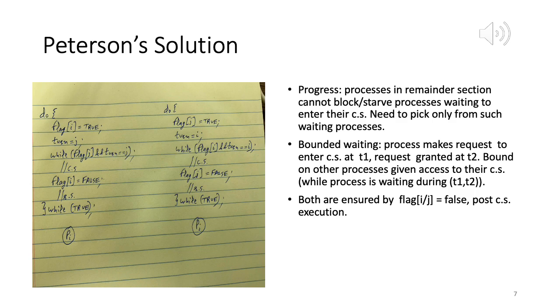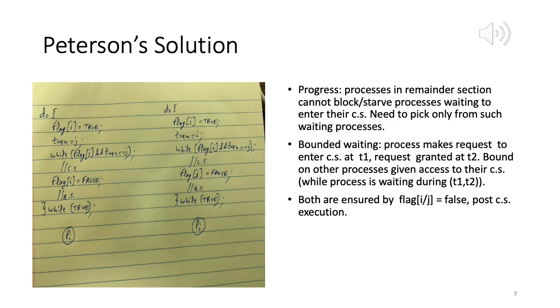What does the progress condition state? It states that processes in the remainder section cannot block or starve processes waiting to enter the critical section. We need to pick only from such waiting processes. If a process wishes to enter its critical section, it will make a request, and then one of two things will happen.